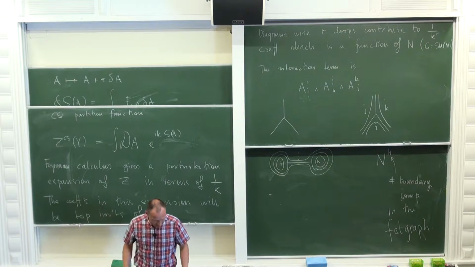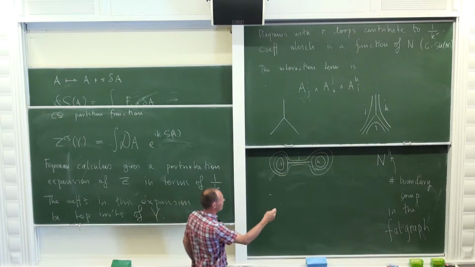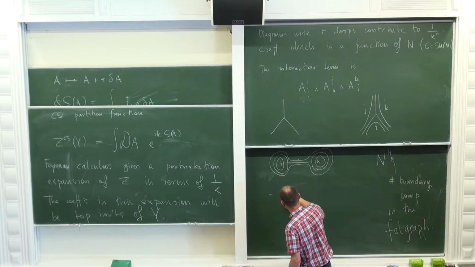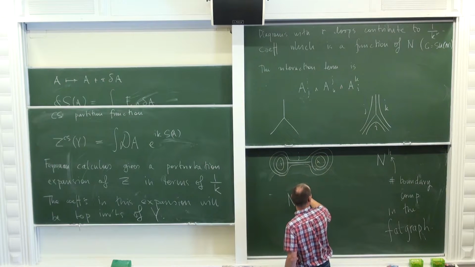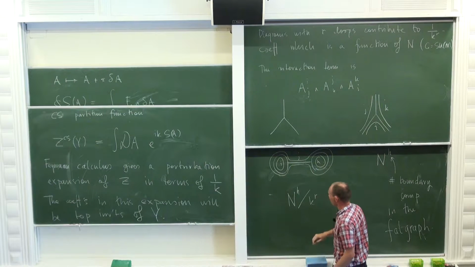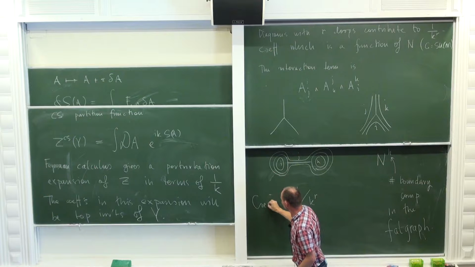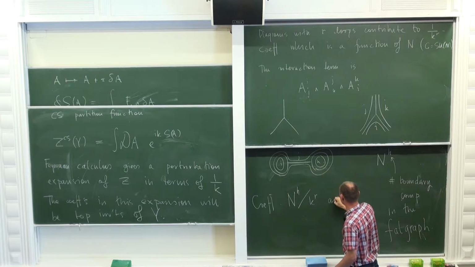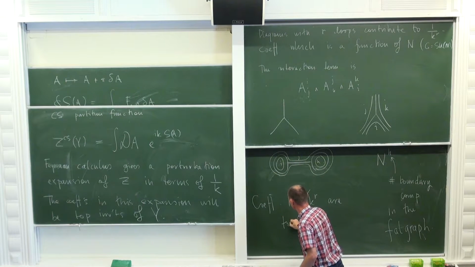Now, the coefficients here are of the form n to the power h over k to the power r, where r is a topological invariant.